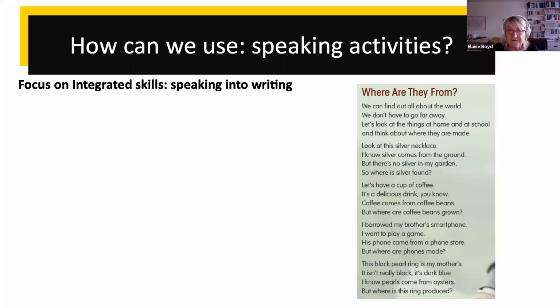Now, an activity they could do from this to convert into writing is they could write a poem. So let's think about this. In the book, they're going to do this activity in class, which is speaking. And I think there's also a little follow-up activity where they write a description of an object that's very important to them.